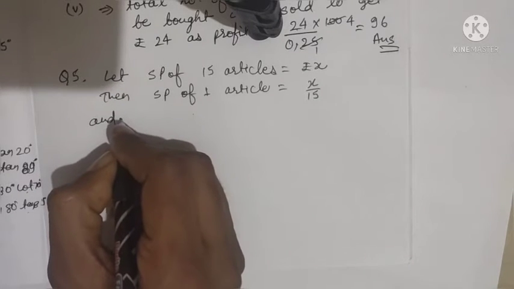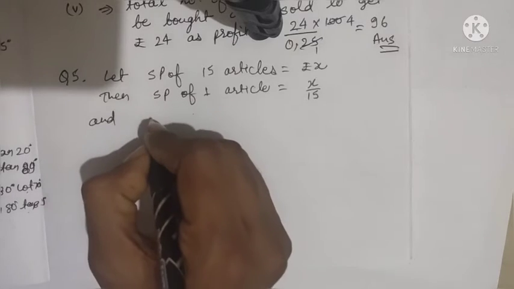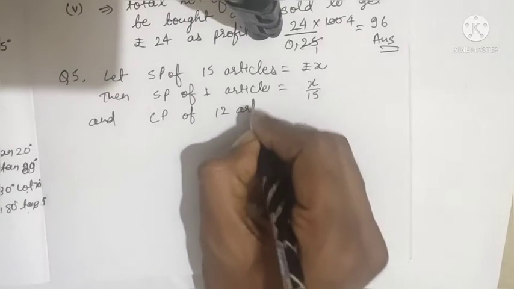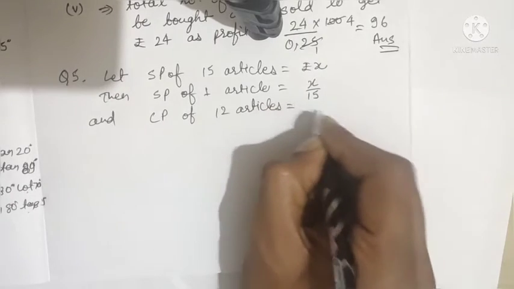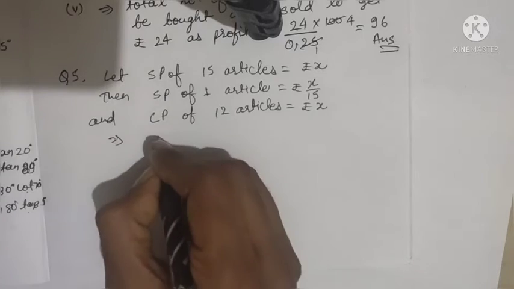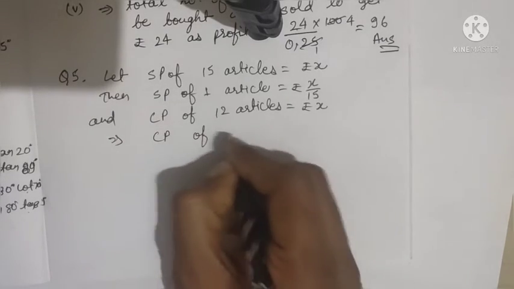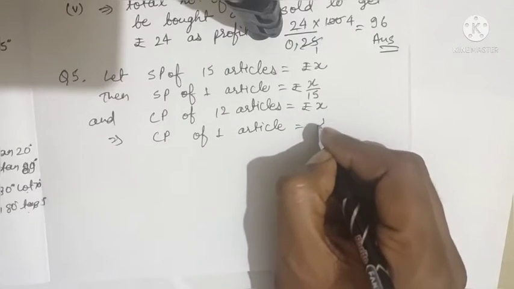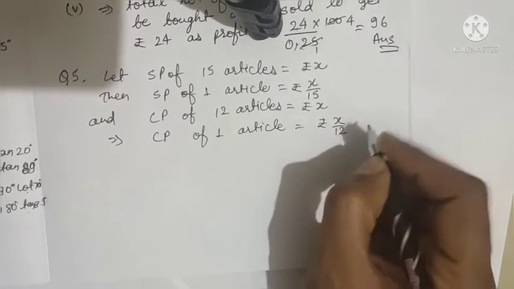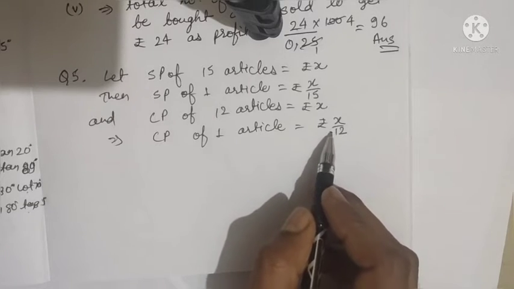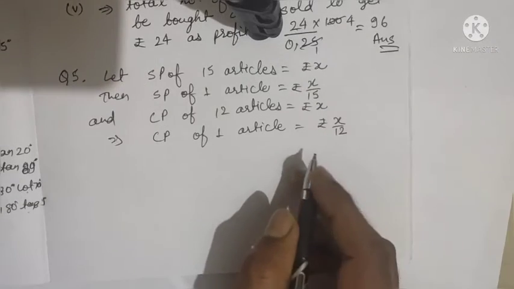It is also given that selling price of 15 articles is equal to the cost price of 12 articles. So cost price of 12 articles will be equal to X as well. That implies cost price of 1 article will be equal to rupees X by 12. Now clearly here the cost price is more than the selling price.